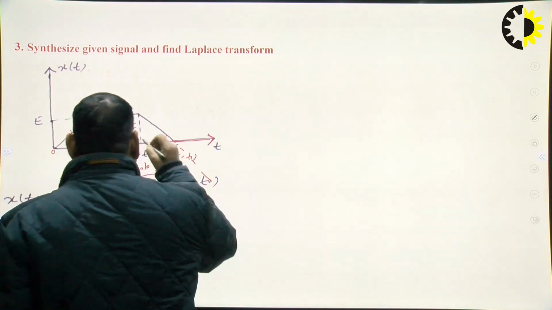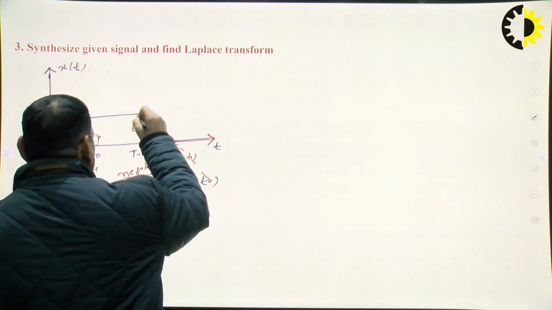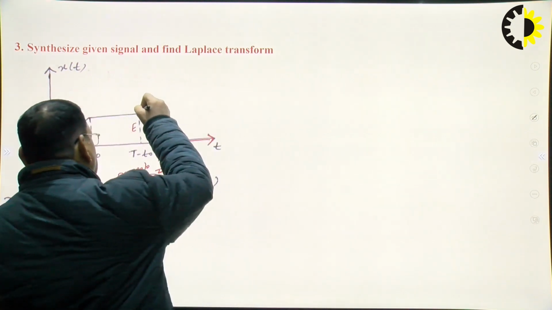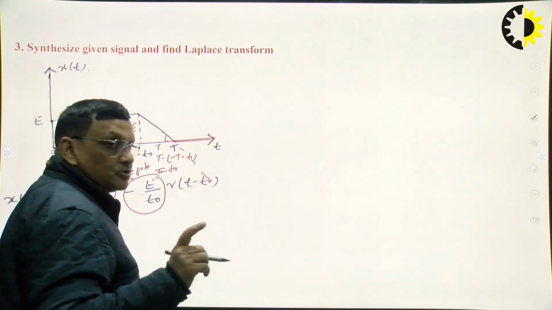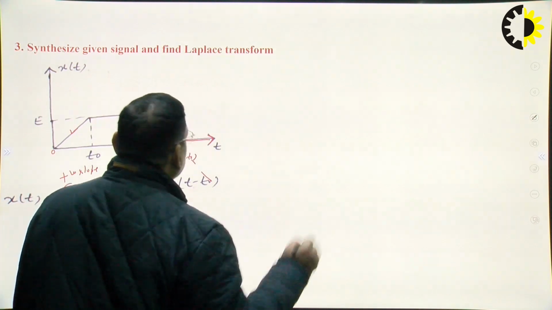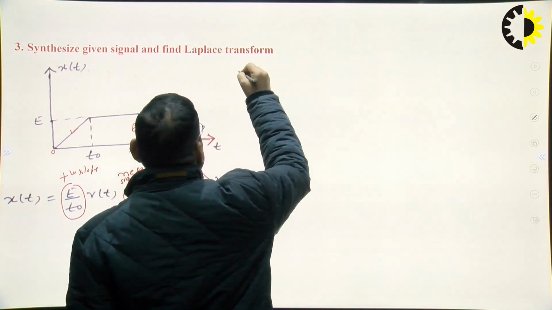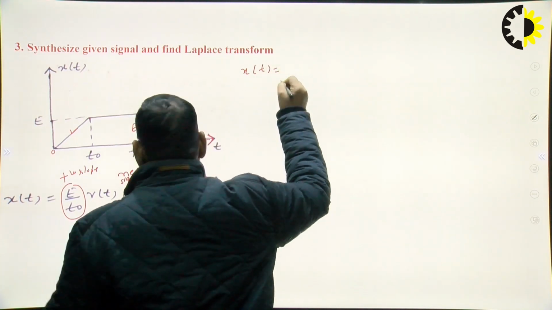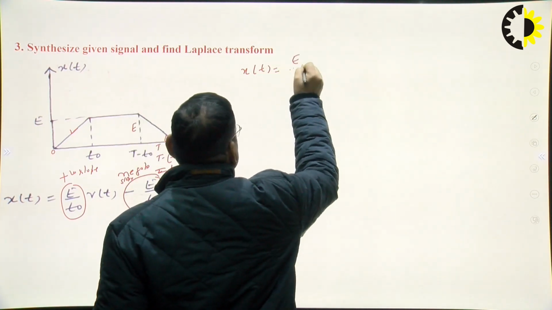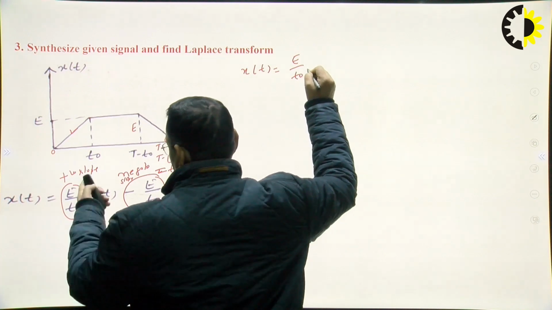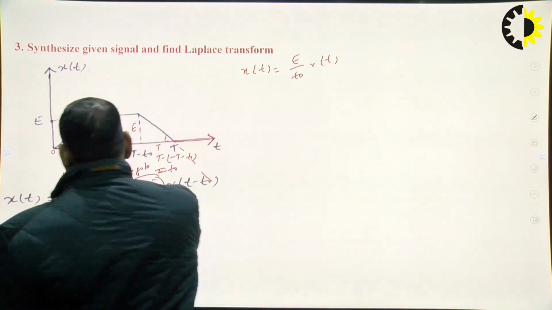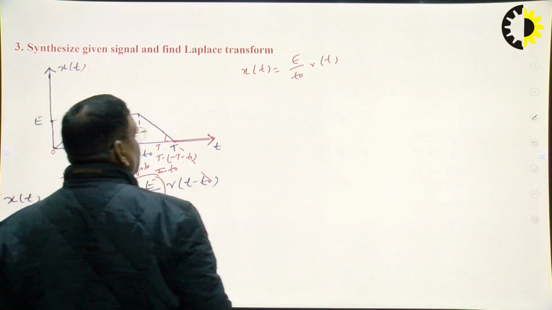Look here, at t minus t0 the slope becomes negative. So we have to add a negative slope at t equal to t0. E by t0 r(t) of this line from 0 to t0.